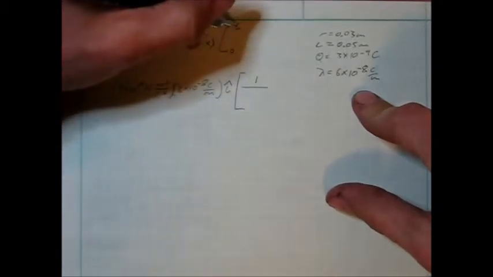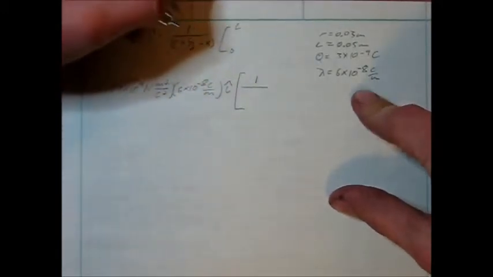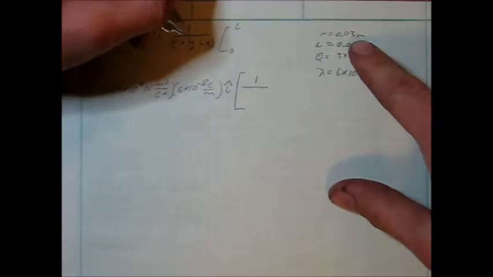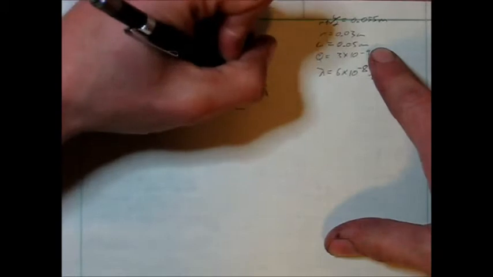So let's start with the first part. With our maximum value being L, R is 0.03 meters plus L over 2. So R plus L over 2 equals 0.055 meters. Okay, so we're going to say 0.055 meters minus 0.05 meters.